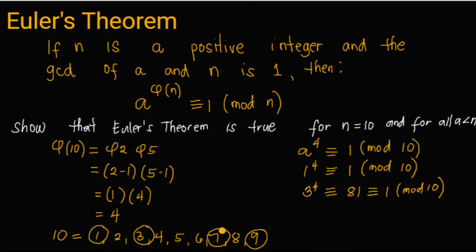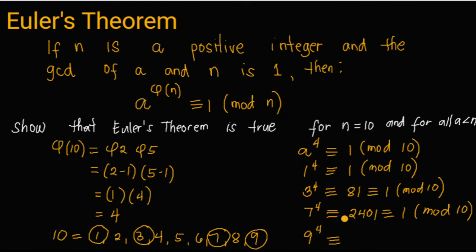Next value of a is 7. So we have 7 raised to 4 is 2,401. And that will also give us a remainder of 1 when we divide it by 10. And for the fourth value of a, we have 9 raised to 4.